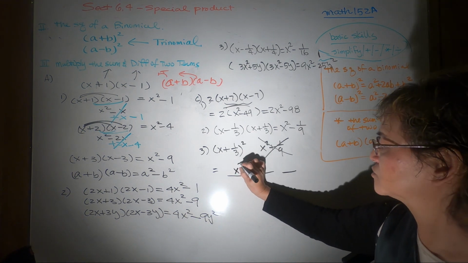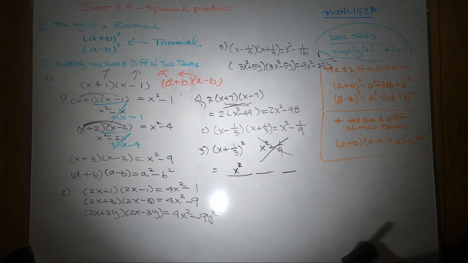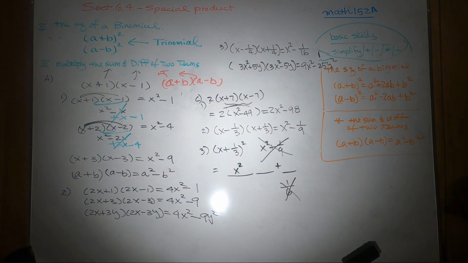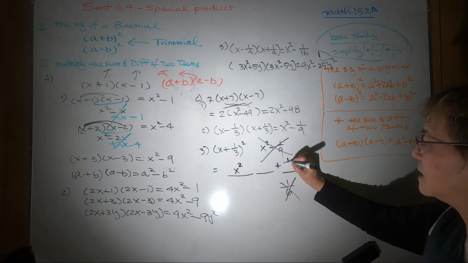First one is x squared. Last one is 1/3 times itself. Don't give me 1/6. 1/3 times 1/3 is 1/9.